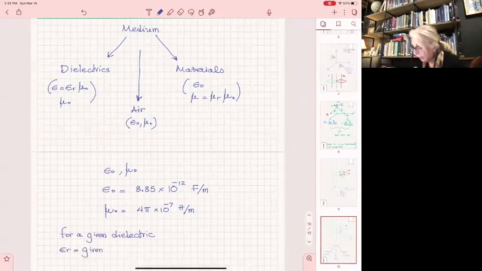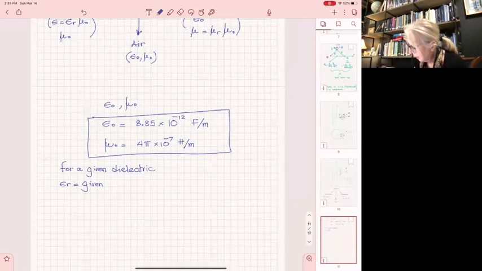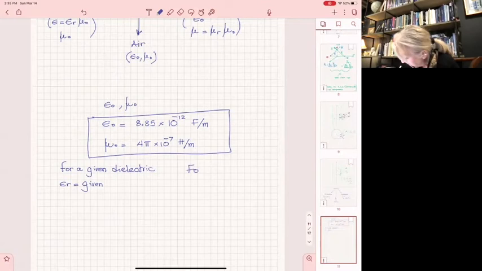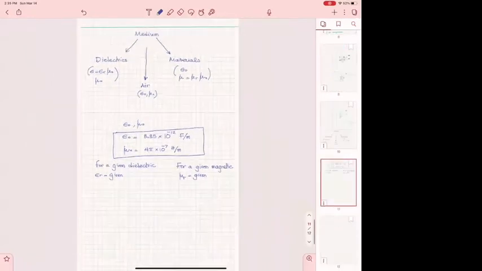I will only give you that one because the other two are in the book. And for a given magnetic, mu sub r is given. Okay, thank you.